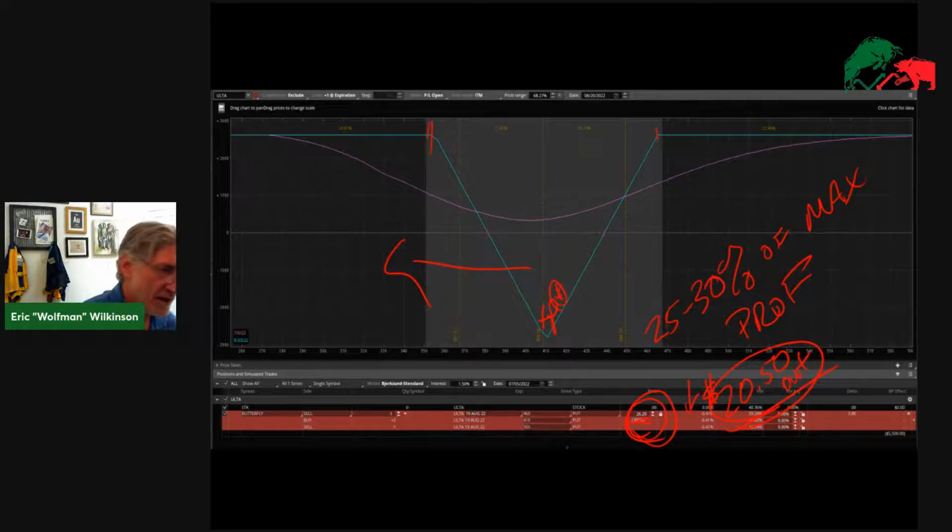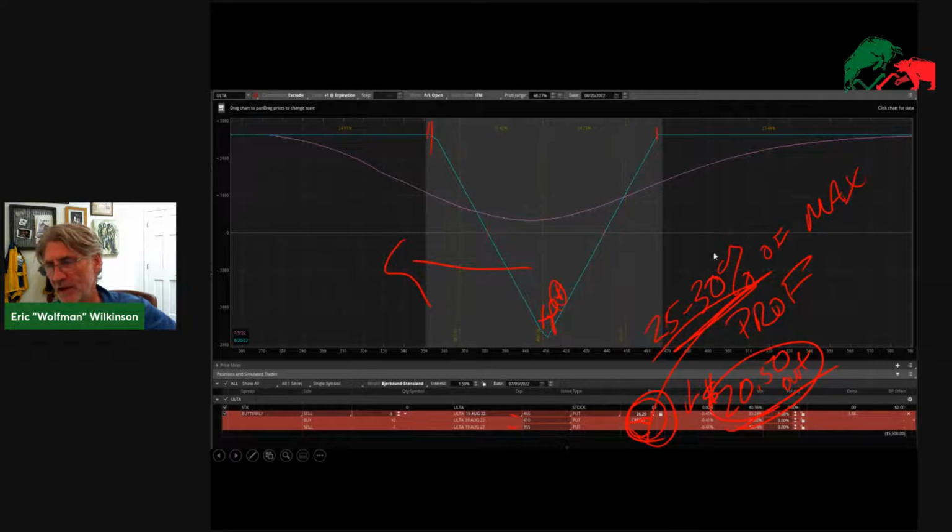So if I see 465, any of those 465s, one of my short strikes touch, I'm going to pull the ripcord on it. Probably better than 25, 30% of max profit at that point. But that would be definitely something I would get.